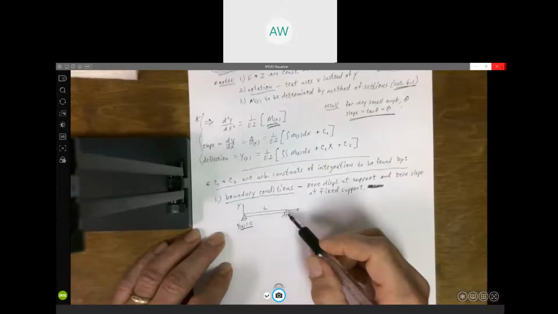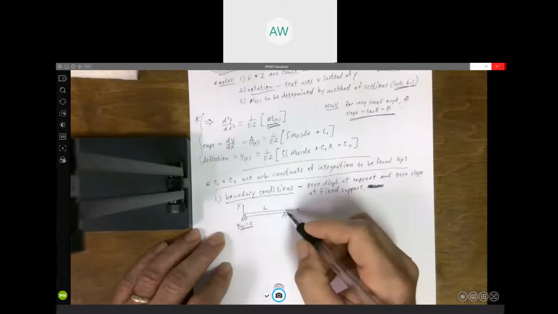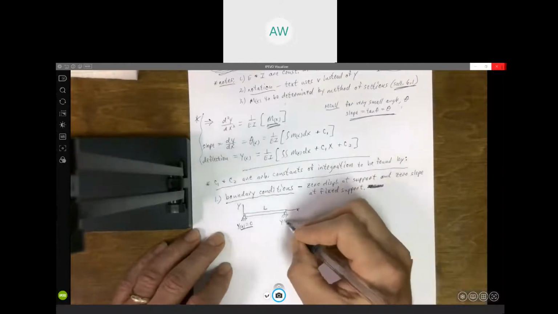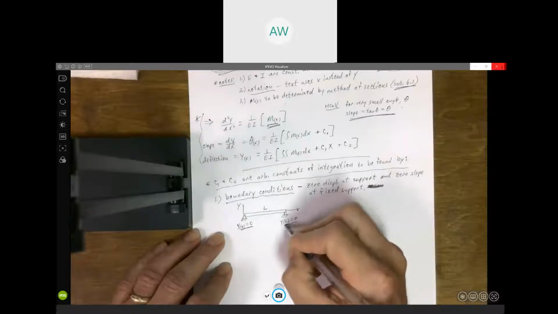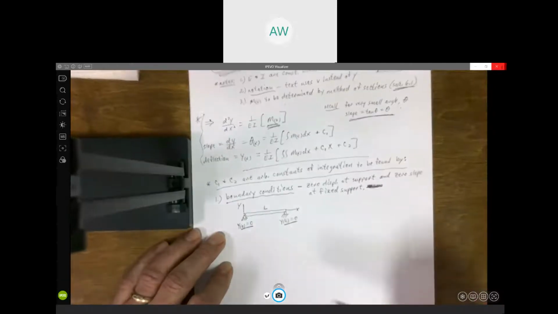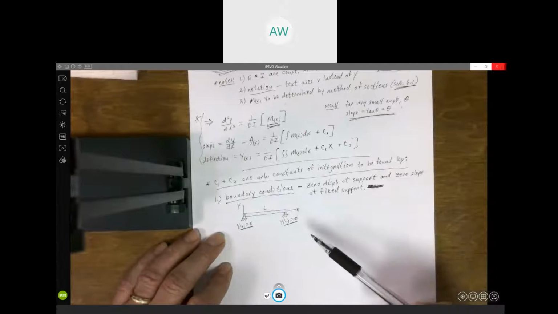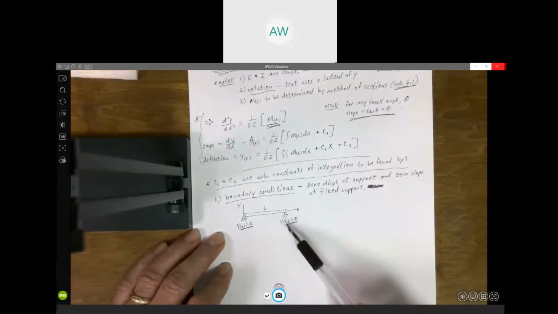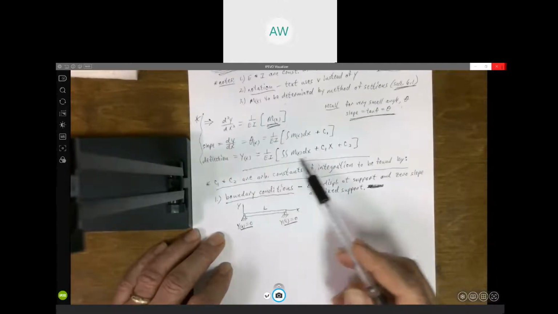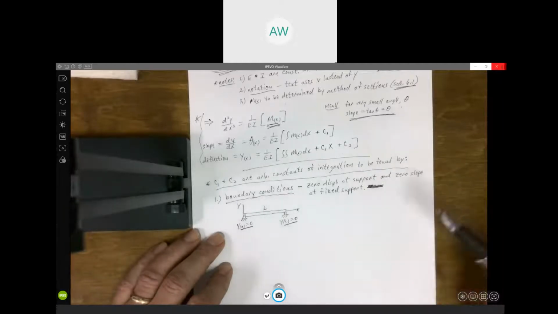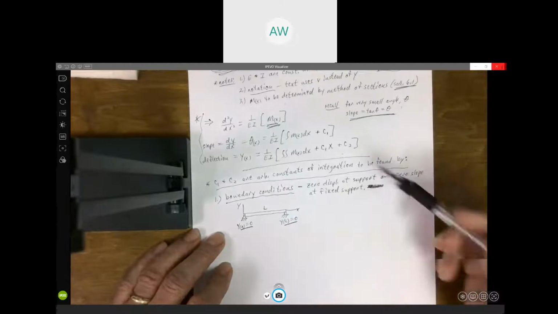It keeps it from moving down anyway. So I know the beam doesn't move down there either. So I know when x is L, y is 0. So we can plug in those known values for y at these two known x values into our equation up here and solve for those constants. All right, that's how we're going to go about solving for these constants.